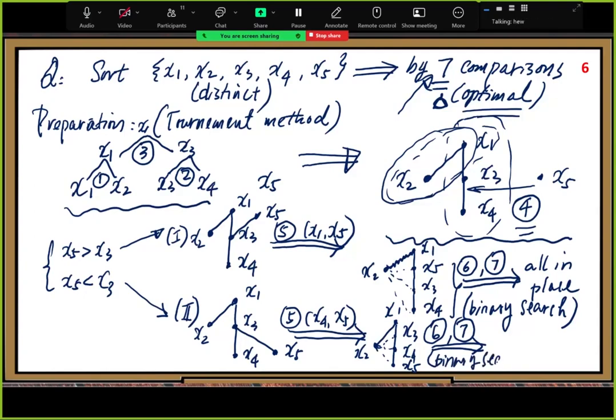Binary search type comparison. Okay? All in place. Then we're done. We cover all the cases, especially the worst case.